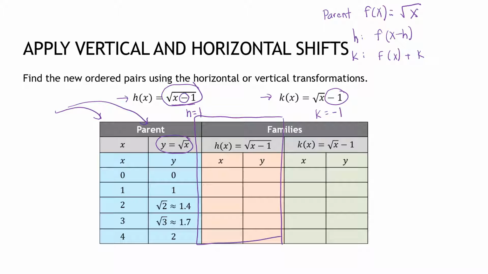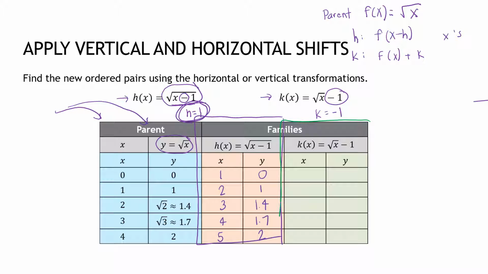What I know is that if I have an h value, it's only going to move right or left, which is of course my x's. So my y's here are going to stay exactly the same. Nothing is going to change with my y's. With my x's, I have an h of positive 1, which means 0 becomes 1, 1 becomes 2, 2 becomes 3, 3 becomes 4, 4 becomes 5. So everything just got shifted to the right one position, which is what an h value of 1 would do.